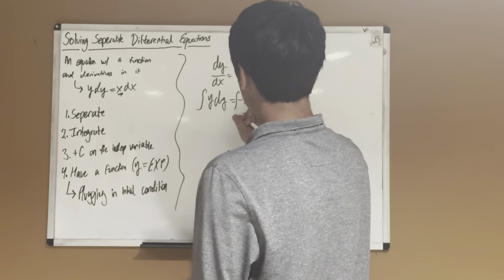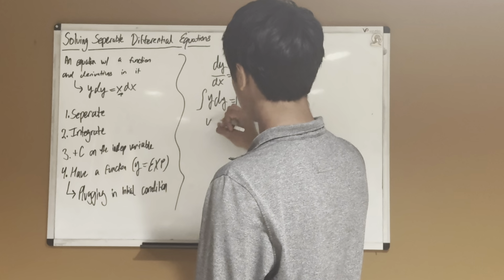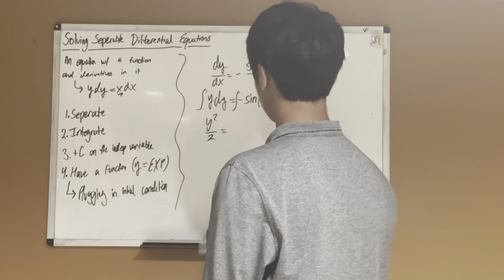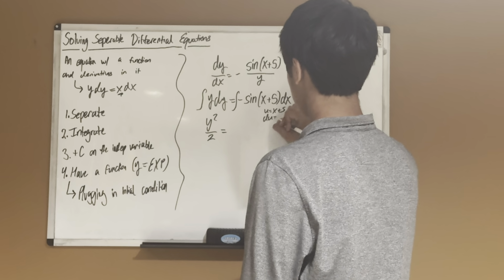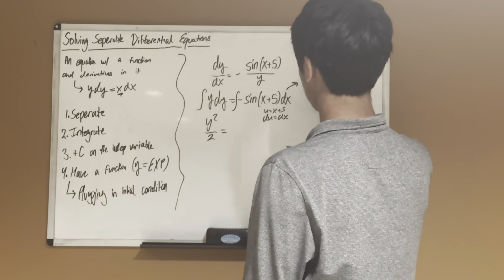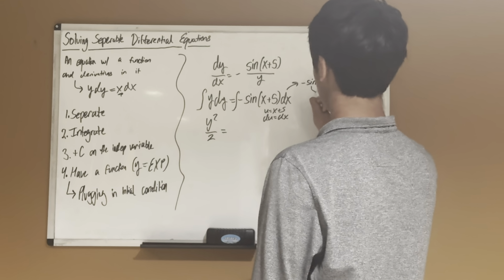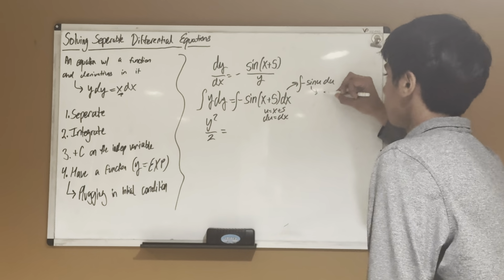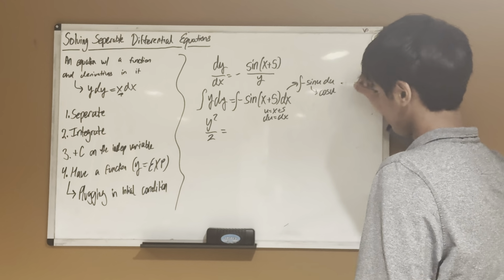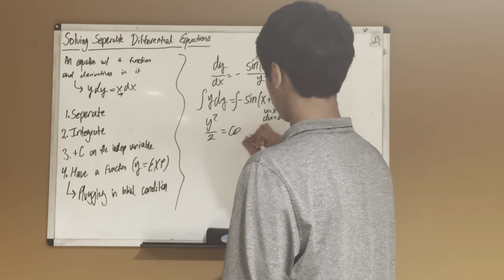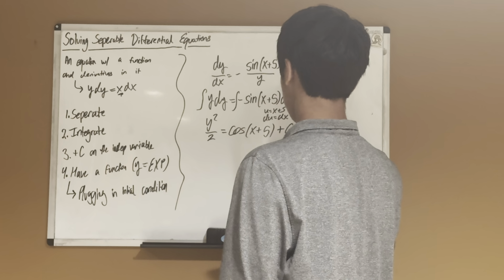We integrate, we get y squared over 2 equals, so here we say u equals x plus 5, du is equal to dx, right? So this becomes just negative sine u du, which then becomes the integral of that, which just becomes cosine of u, right? So in this case, it equals cosine of (x plus 5) plus a constant.